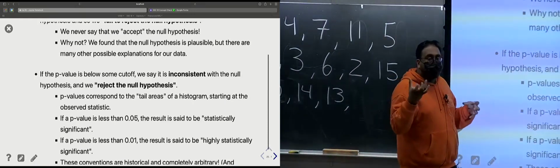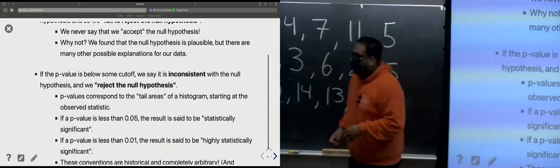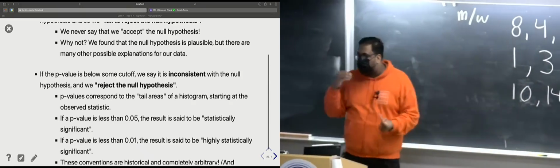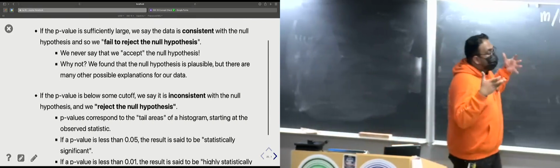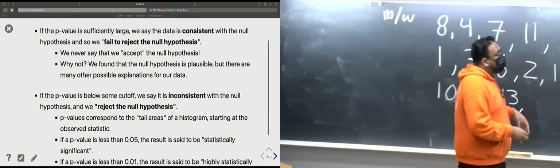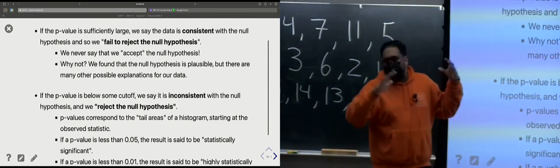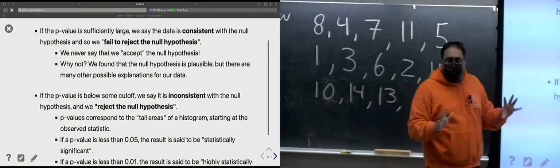And based off of whether it's consistent with the null or inconsistent with the null, we either fail to reject the null hypothesis or reject the null hypothesis. Okay? So if the data are consistent with the null, we fail to reject it. We don't accept the null hypothesis. Okay, I'll tell you right now, this will probably be a trick question at some point. Can we say we accept the null? Right?